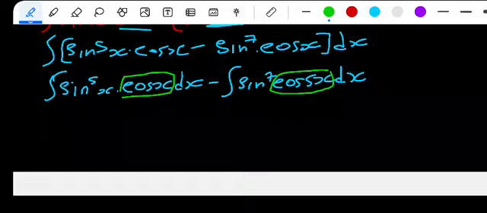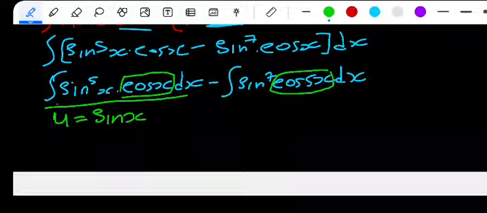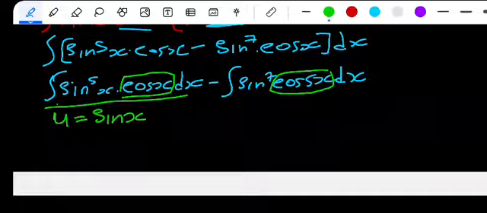So in this situation we're supposed to let the one that has the exponents be equal to u, its sine. So we let u be equal to sin x. For this part also, either way.